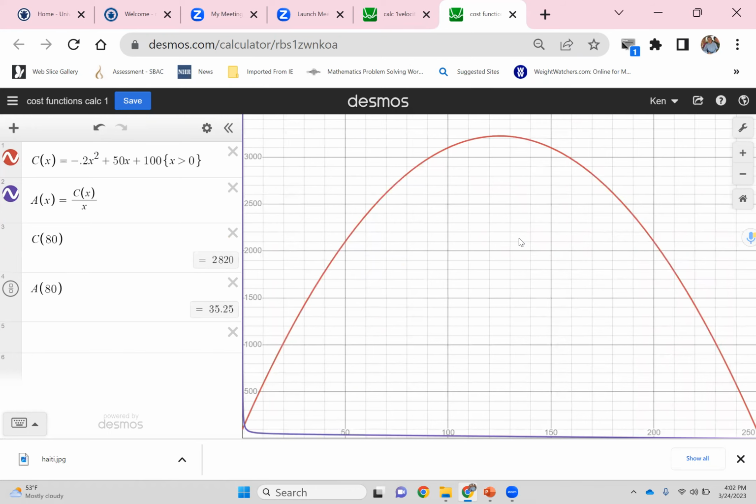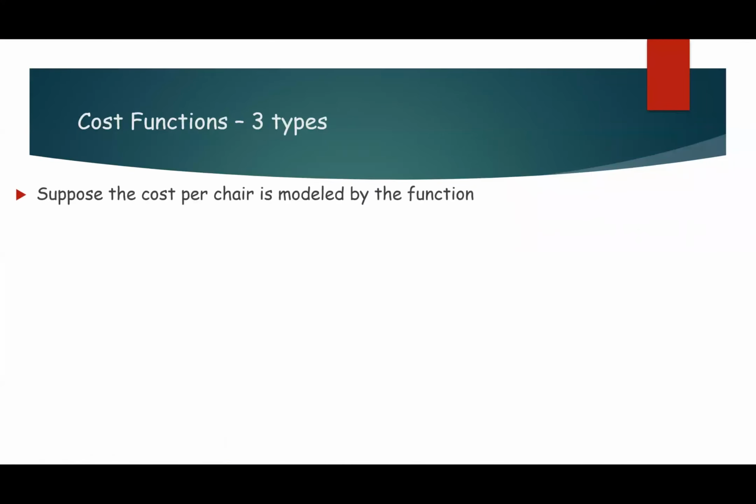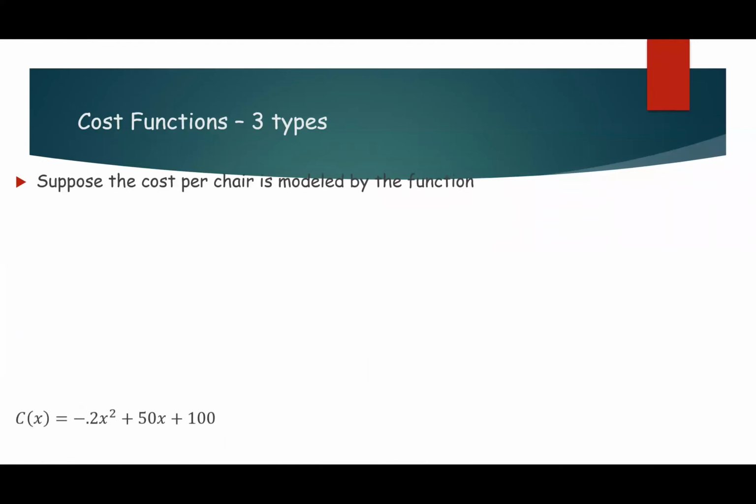And here it is. So we see that the average cost of making one chair continues to go down. Interesting. Helpful.